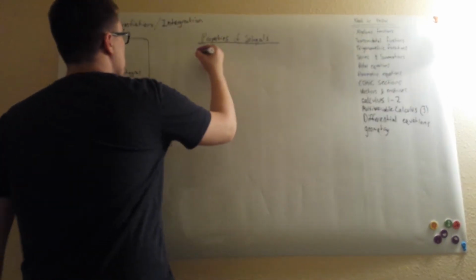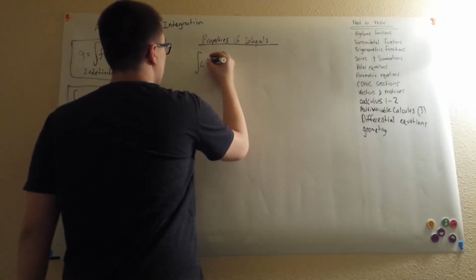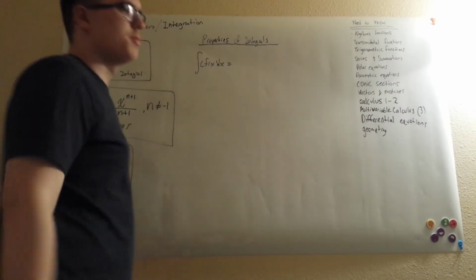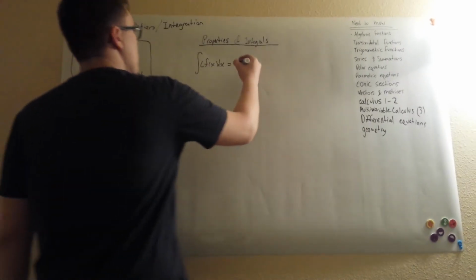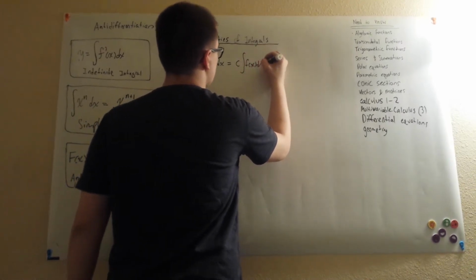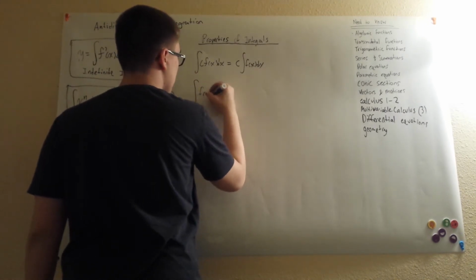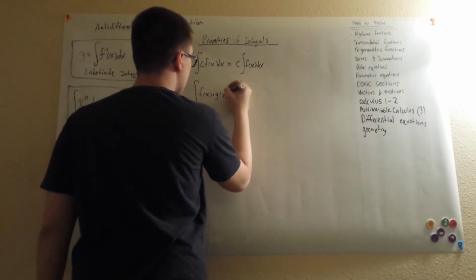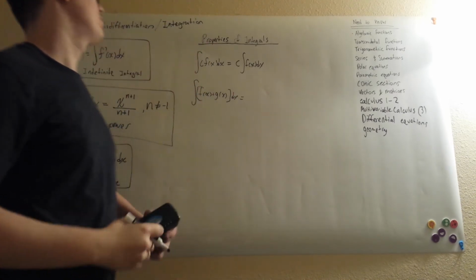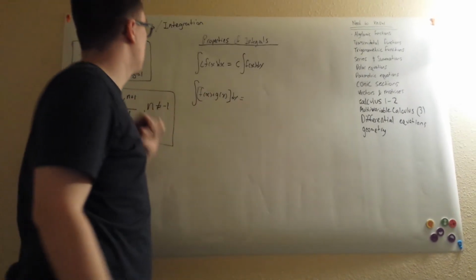So the properties are, if you have an integral and you have a function times a constant, this is equal to the constant times the integral of f(x) dx. If you have two functions of x, and you're integrating the sum of those two functions of x, remember, you have to have matching variables.